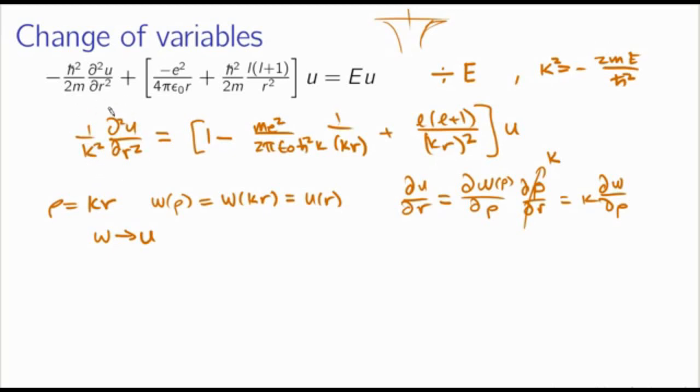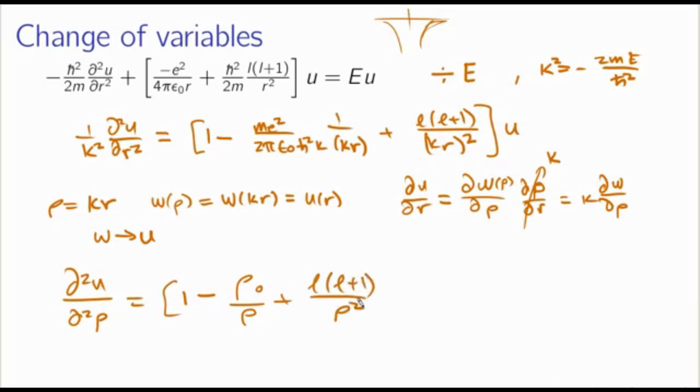Our re-expression of u as a function of rho means we can sort of fold the k here in the denominator in with the dr, turning it into a d rho. When you do that, the final equation you get is second derivative of our new u function of rho with respect to rho is equal to 1 minus, and I'll define another constant, rho naught, over rho, plus l(l+1) over rho squared, all multiplied by u.